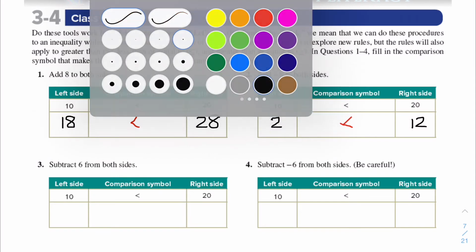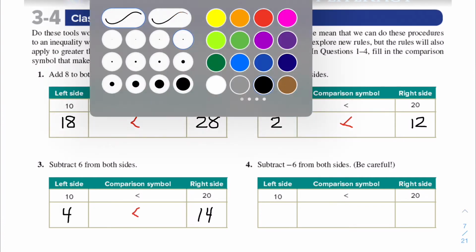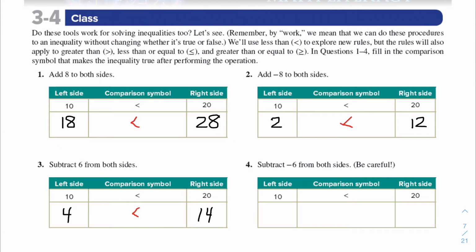Now if we subtract 6 from both sides, 10 minus 6 is 4, 20 minus 6 is 14. Same thing, inequality goes towards the bigger quantity, doesn't change, it's in the same direction. If you subtract negative 6, 10 minus negative 6, remember the minus turns into a plus, so you get 10 plus 6.